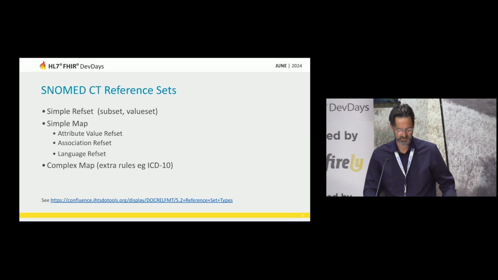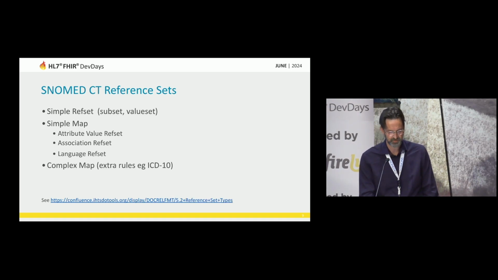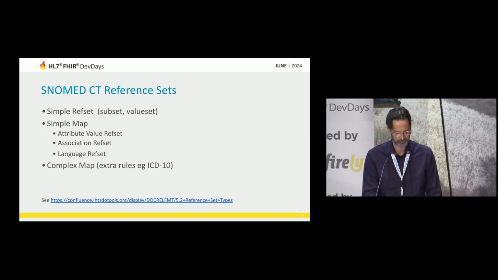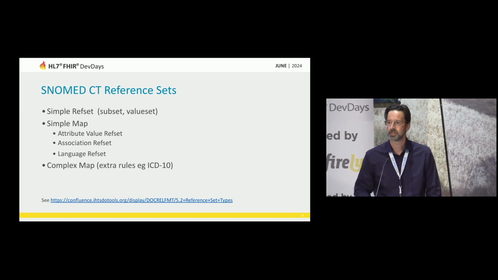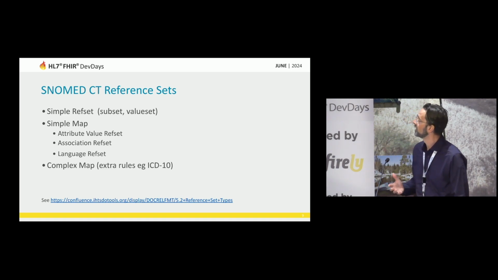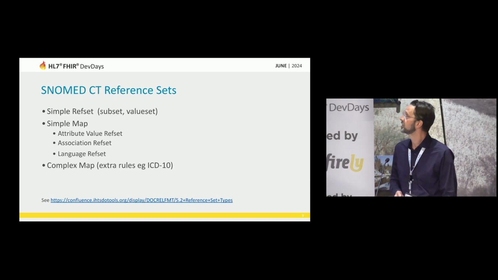Okay, reference sets. There are 21 types of reference sets defined in our specification, and the structure is extremely flexible. So you can read about those in our technical implementation guide. Here are the 3 which are used most often. A simple reference set is just a subset, or in FHIR terms, a value set. It's just a collection of concepts.